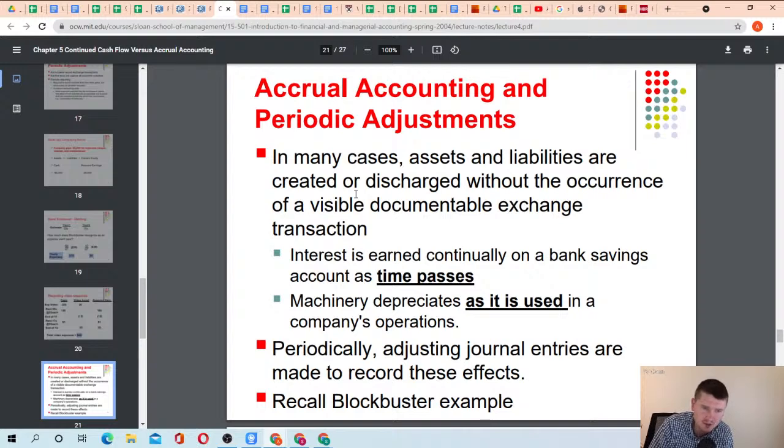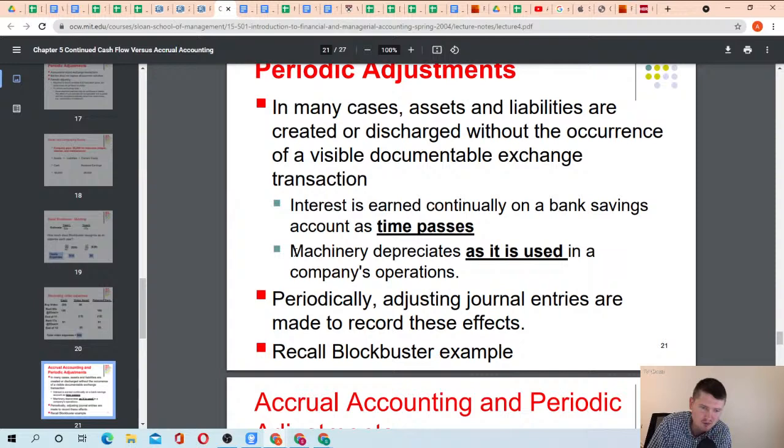Accrual accounting and periodic adjustments. In many cases, assets and liabilities are created or discharged without the occurrence of a visible, documentable exchange transaction. Interest is earned continually on a bank savings account as time passes. Machinery depreciates as it is used in a company's operations.